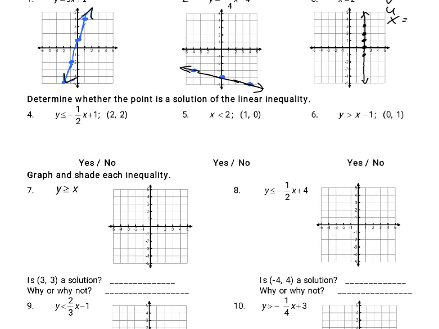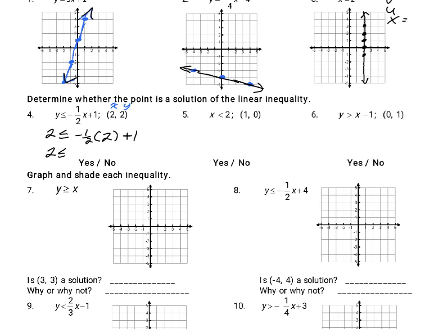Okay, next term, what are the points? Solution of linear inequality. All right, so our third way to tell that is if this point makes the inequality true. So we have x and y. Now replace the x with 2 and the y with 2. 2 is less than or equal to -1/2 times 2 plus 1.